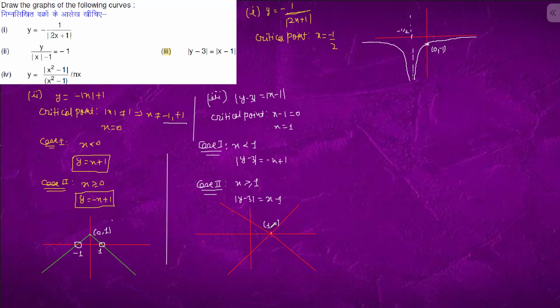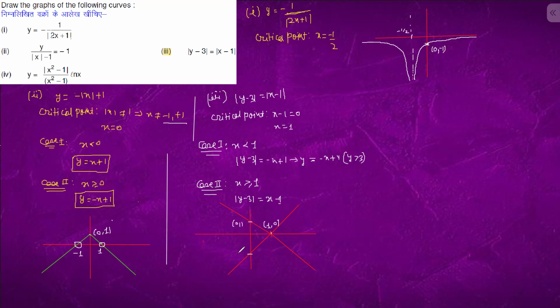We are told that if y is bigger than 3, it will come out to be y minus 3. If y is bigger than 3, it will come out to be y equals to minus x plus 4, given that y is bigger than 3. So if we check this value, this is y equals to 1. This is 0 comma 1.